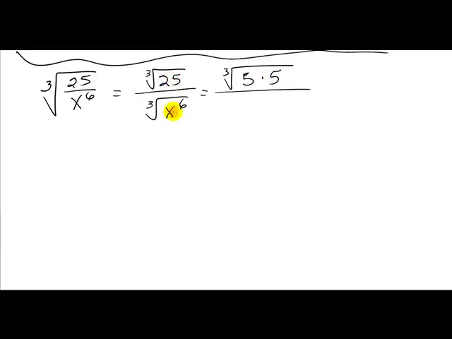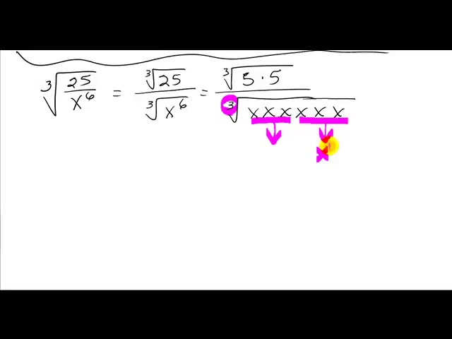At the bottom, let's go ahead and look at this all spread out. We've got 6 of these things. Remember, if this is a 3, then I can take 3 out as 1 and another 3 out as 1. So this would come out as an x, and this would come out of the radical as an x.